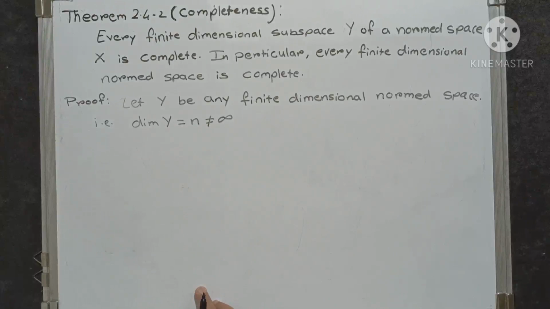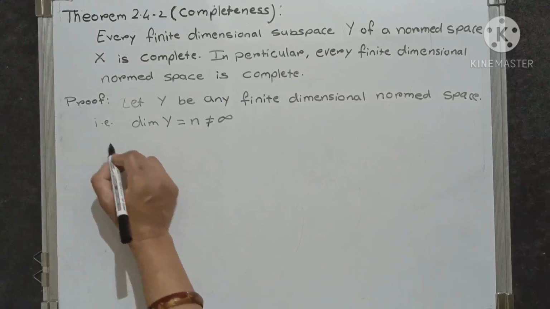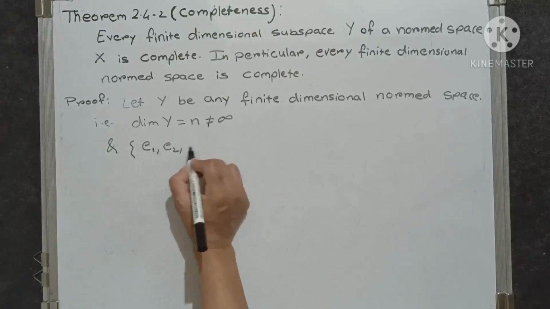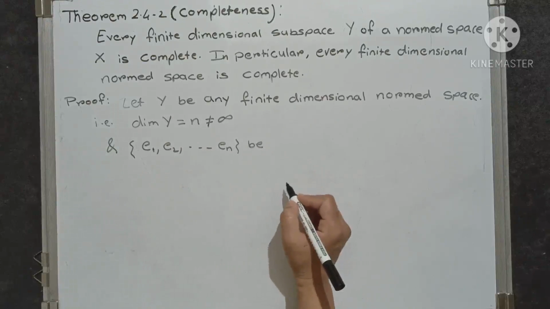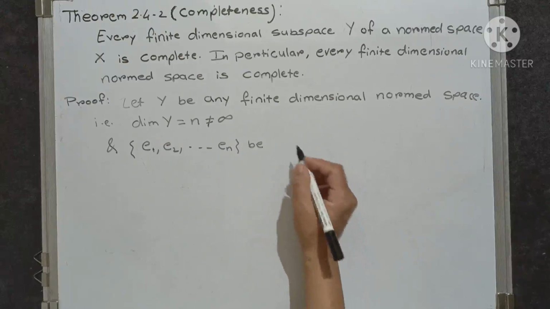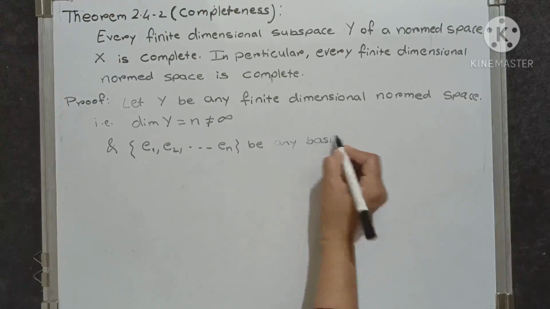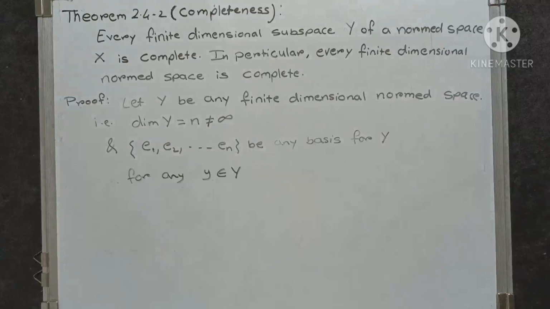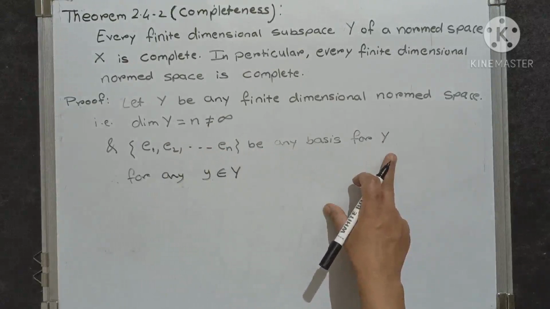Now here Y is a finite dimensional normed space with dimension n, and therefore e1, e2, up to en be any basis for capital Y.